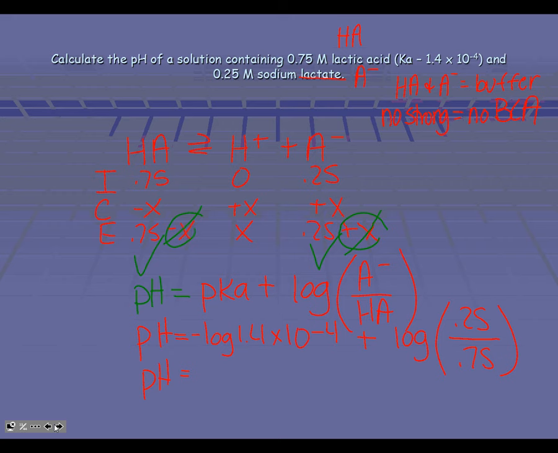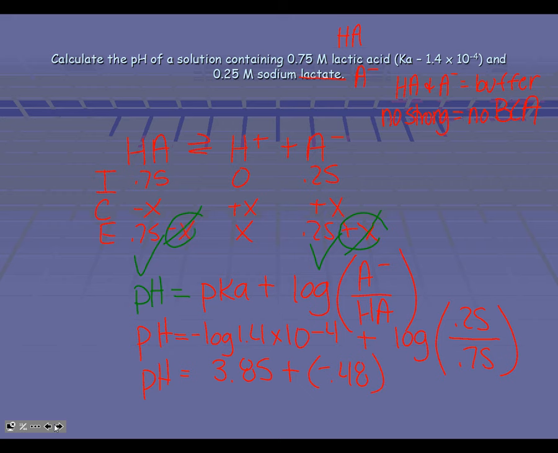If you have the negative log of your Ka written down, it'll save you time on future problems. That is 3.85 plus, now what I'm going to do is take 0.25, divide it by 0.75 first, and then take the log of that answer, and that comes up negative 0.48.